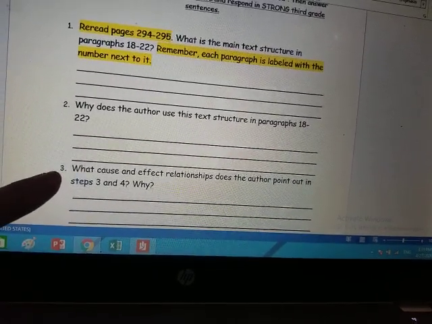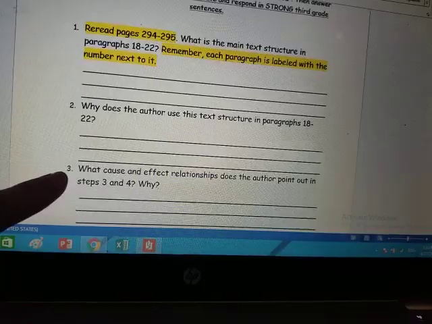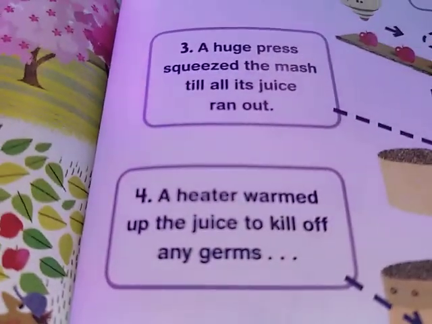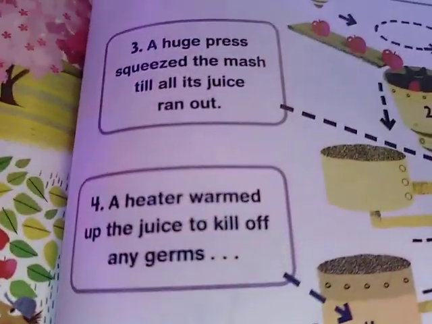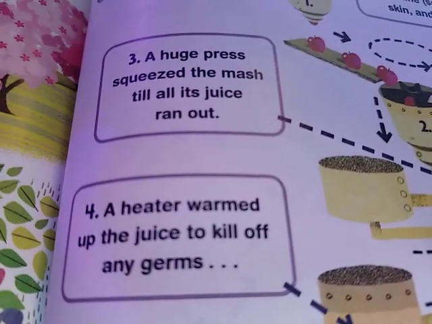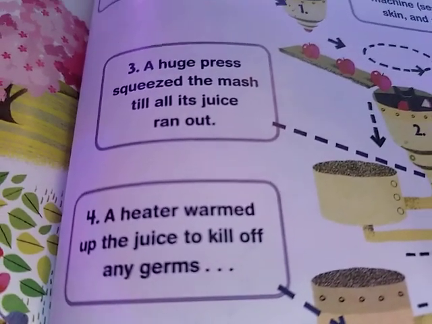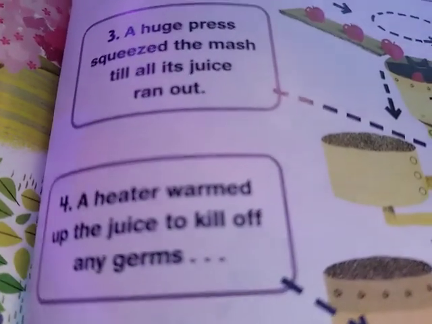And then number 3, what cause and effect relationship does the author point out in steps 3 and 4? So if you go to step 3 and 4, right here, we have a cause and effect. Remember what cause and effect is? Because something happens, something else happens. So, because a huge press squeezed the mash till all its juice ran out, the heater killed all the germs.